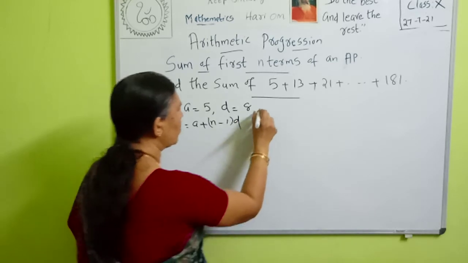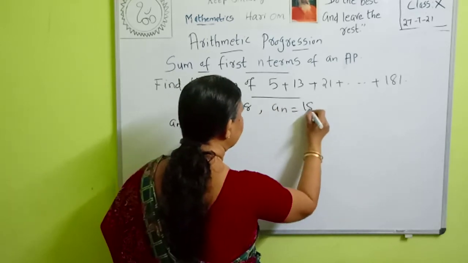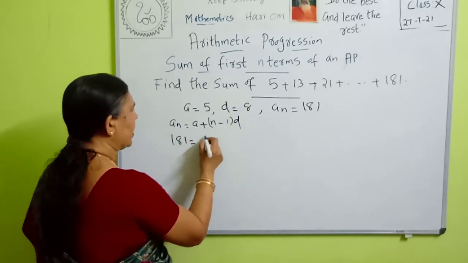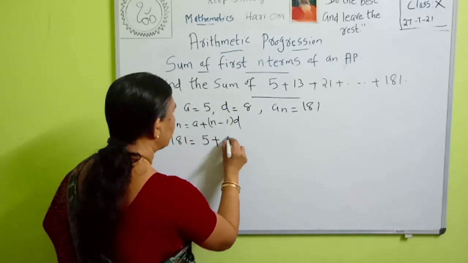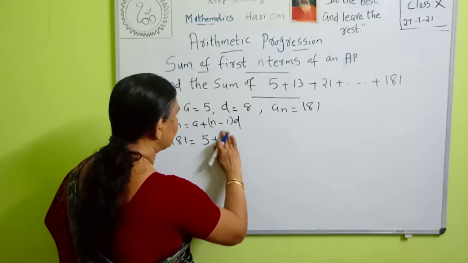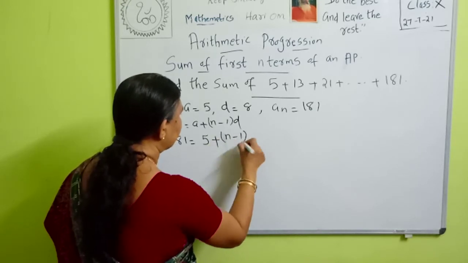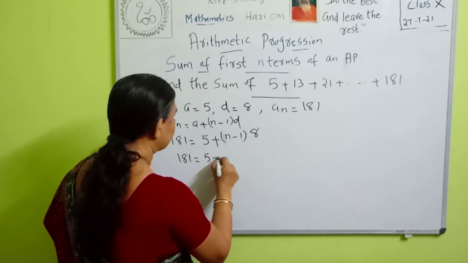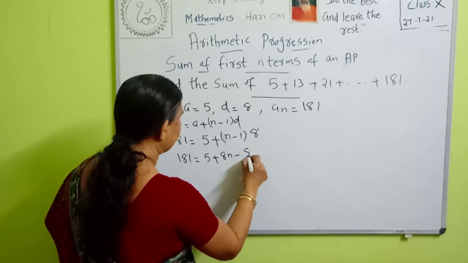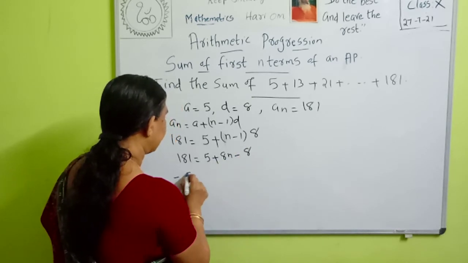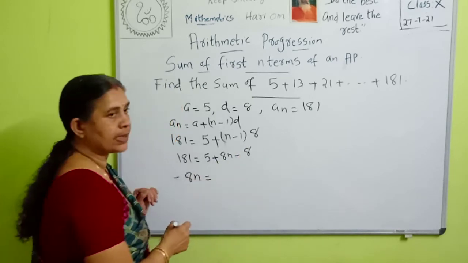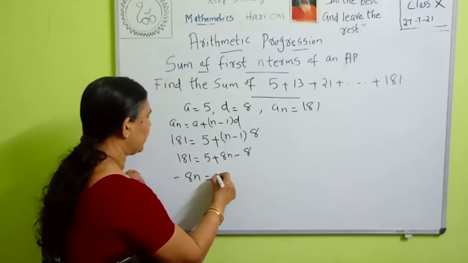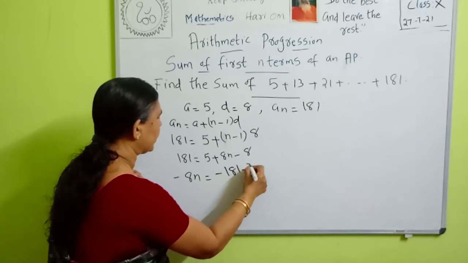Here An is equal to 181. So 181 is equal to 5 plus n minus 1 into 8. So 181 is equal to 5 plus 8n minus 8. Or minus 8n is equal to 5 minus 8, which is minus 3, then minus 181 minus 3.